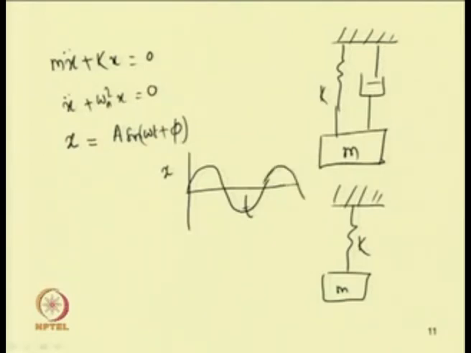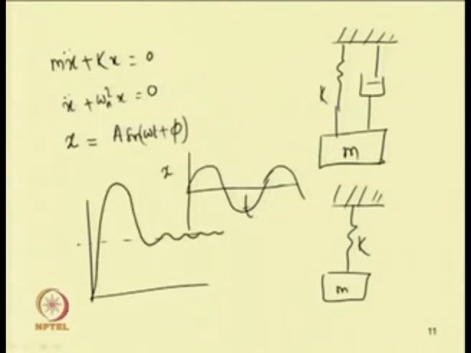If there is damping in the system, in the case of the underdamped system, we know the system response can be represented like this. It will decay and finally it becomes 0.